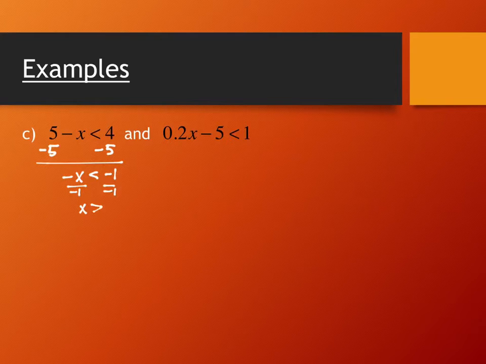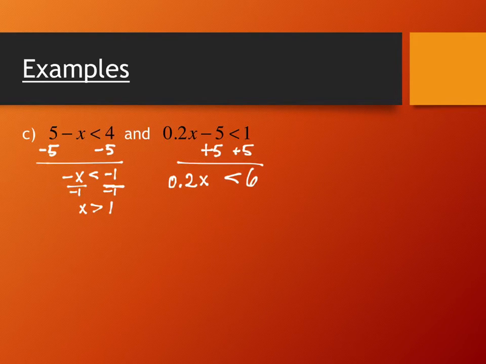And my inequality becomes x is greater than 1. Does that work? That part's fine? All good? Okay, same thing on the other one. We're going to solve that one. So we're going to add a 5. So I have 0.2x is less than 6 now.